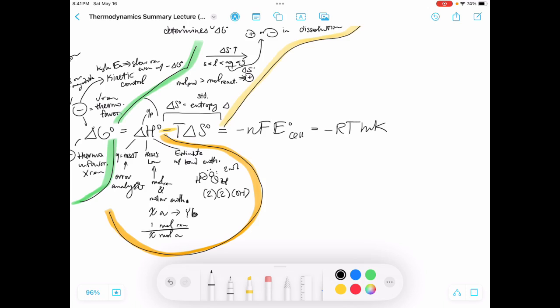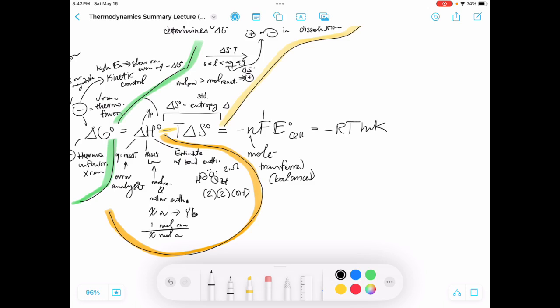So your n here is the moles of electrons transferred. And you just have to make sure this is from the balanced reaction, okay? For example, if one of my half reactions has two electrons transferred and the other one has 3, then your n would be 6 here because 6 electrons in the balanced reaction are transferred.